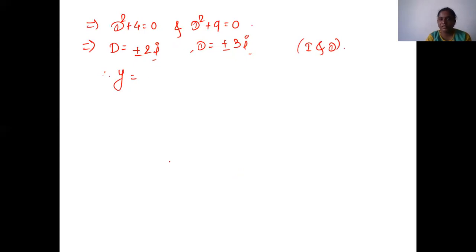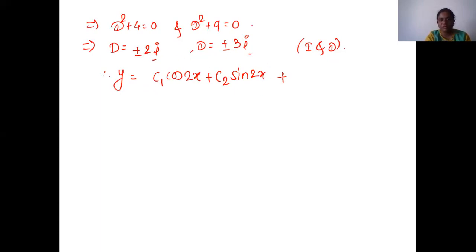We are writing separately, right, as they are different. For this, e raised to 0x, no need to write, into C1 cos 2x plus C2 sin 2x. Correct? This is done.